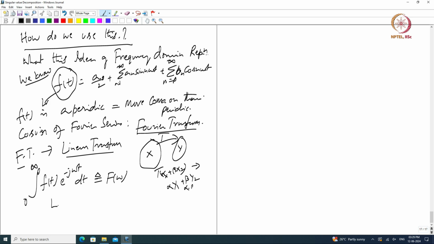It is also a linear transform. It has all the properties, scaling and superposition. Whatever you did to a matrix transformation or generic T mapping from x to y is also valid here. You would have studied many of the properties.